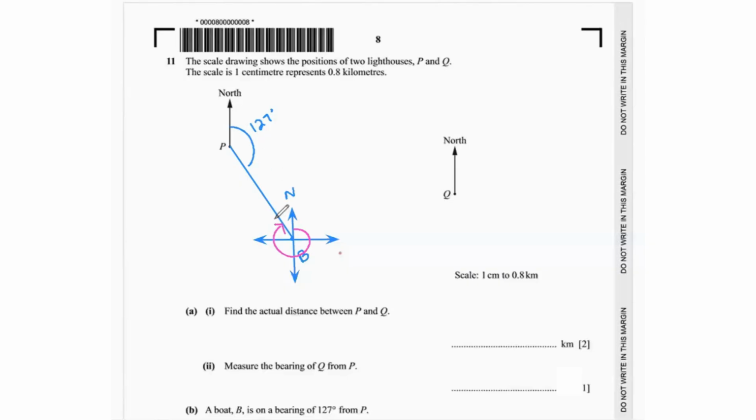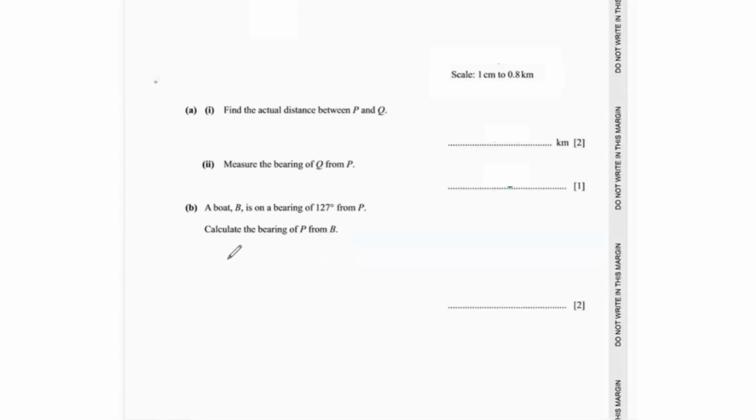This 127 is the same as this 127 because they're alternate angles. So that means the bearing of P from B will be 127 plus 180 degrees. So we just do 127 plus 180, which is going to give us 307 degrees. That is the bearing of P from B.